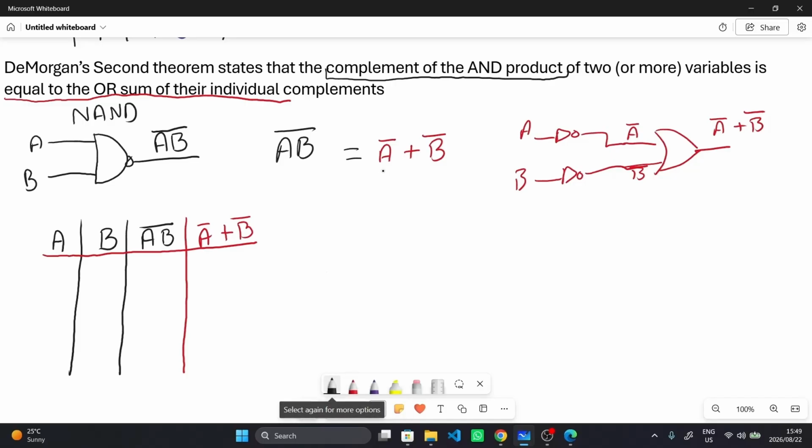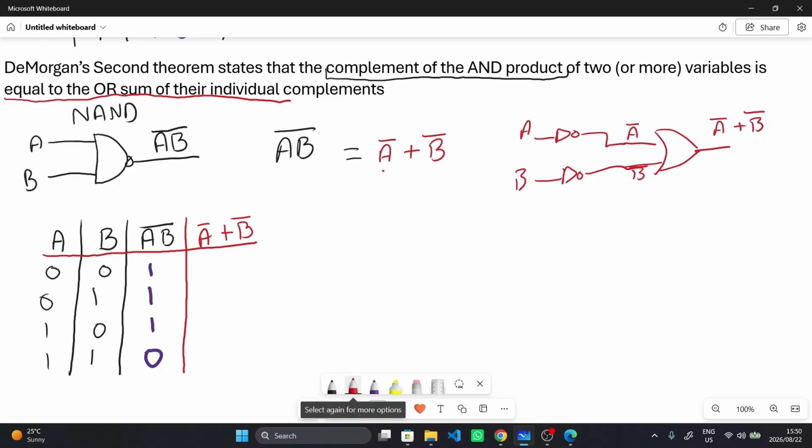Again, our truth table has 0, 0, 0, 1, 1, 0, 1, 1. And if you remember the truth table for the NAND gate, it was 1, 1, 1, 0. Alright, and let's see if we get the same here.